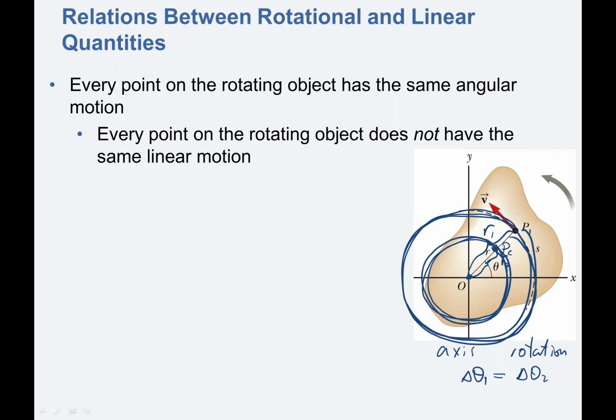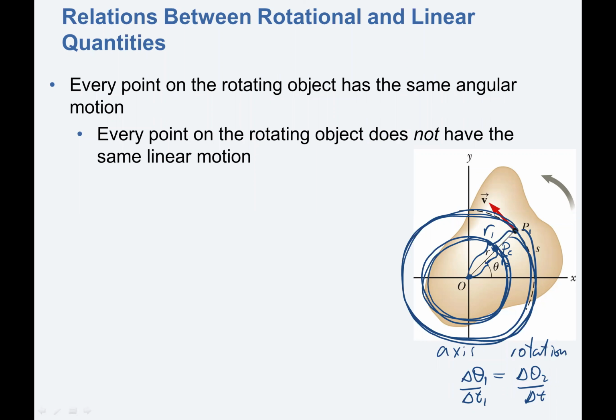How about, let's say we measure time: delta T1, delta T2, and we divide their displacement by the time. Does it take the same time for point 1 and point 2 to undergo the same displacement? Yes. Delta T is always the same for any particle inside that object.